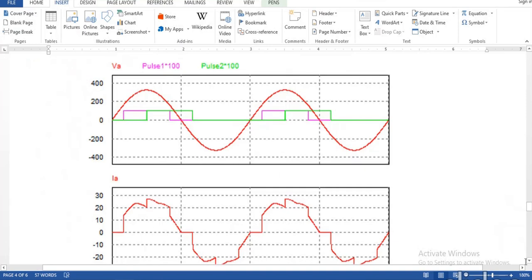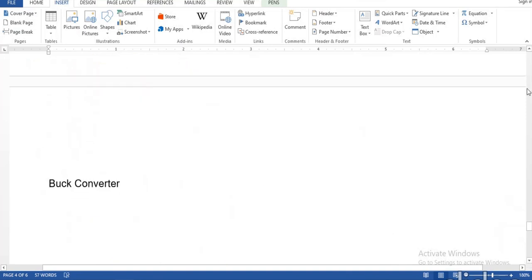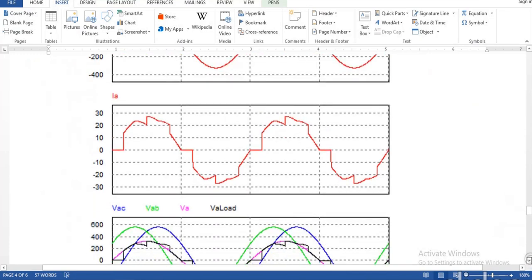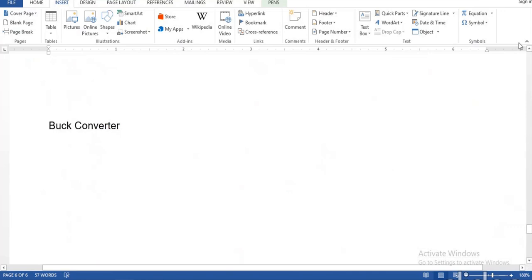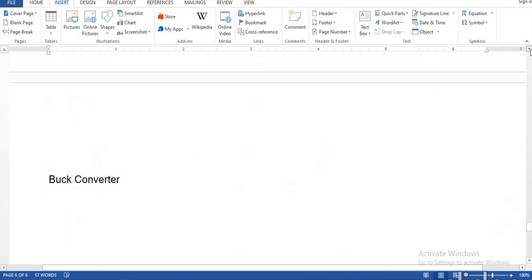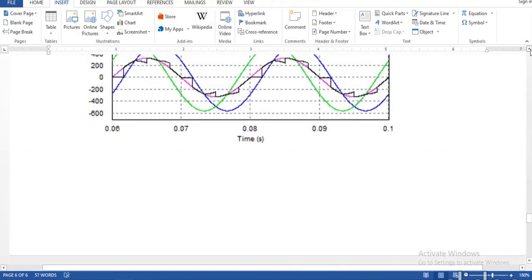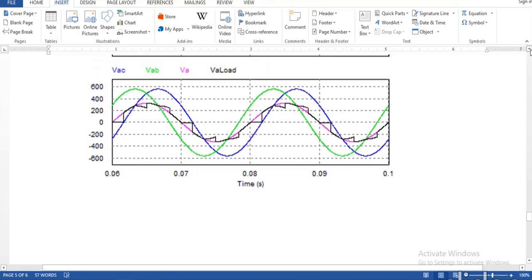When you look at the 30-degree firing angle, you can see that at some points the output is coinciding with VA. Wherever three devices are conducting, it is coinciding with VA itself. So you can see this is coinciding with VA. Here also, and here also it is coinciding with VA.